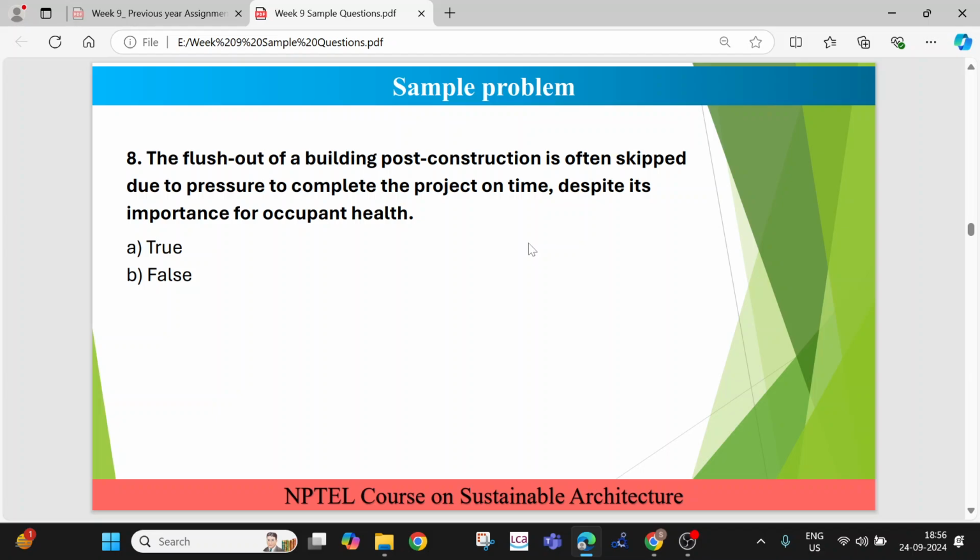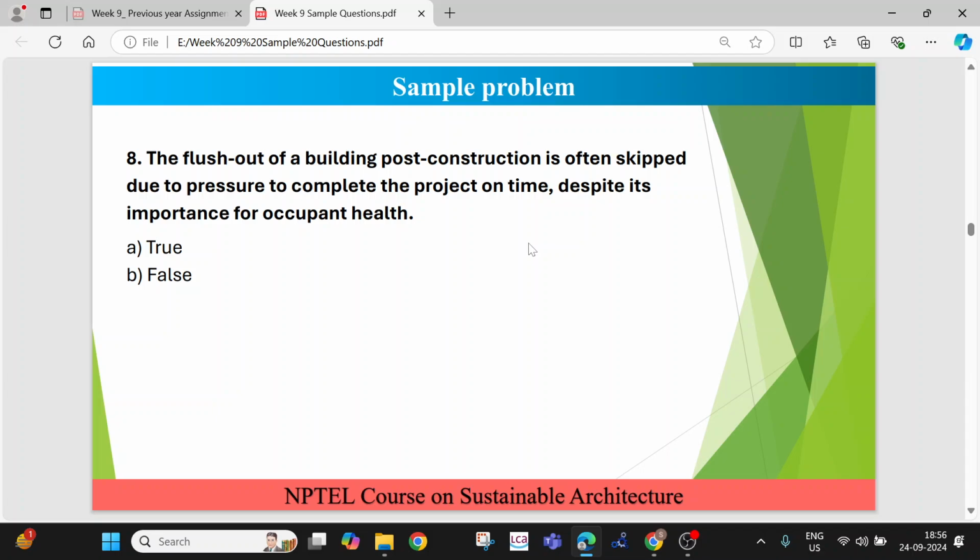So if you are skipping it in practice due to the project time constraints, are you getting it? Okay, sir. What I mean to say, some of these flush outs have to be done in high pressurized systems. So if you are having this completion constraint, then this flush out is often skipped.